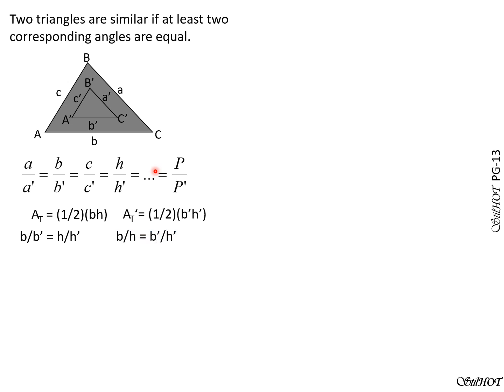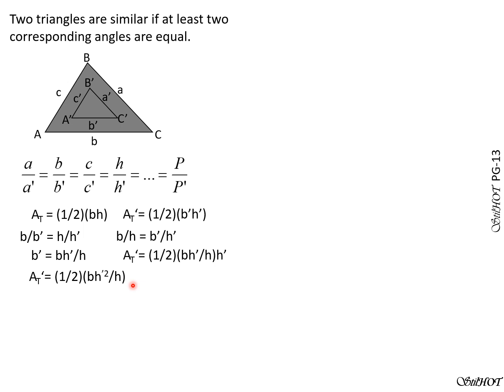Therefore, if we solve for B prime, it is B H prime over H. Substituting into the area of triangle prime, 1/2 B prime times H prime is 1/2 times B H prime over H times H prime. Simplifying, the area of triangle prime is 1/2 B H prime square over H.